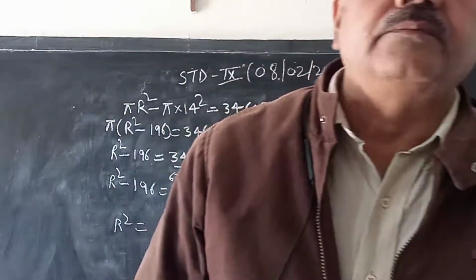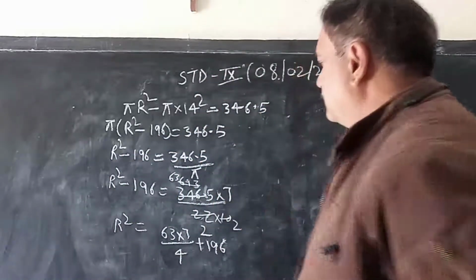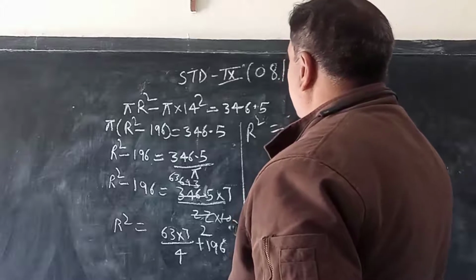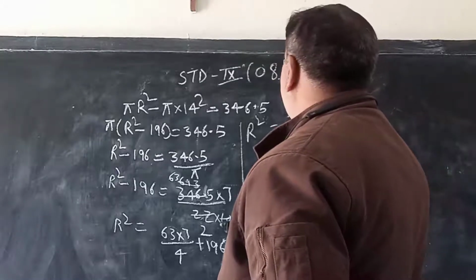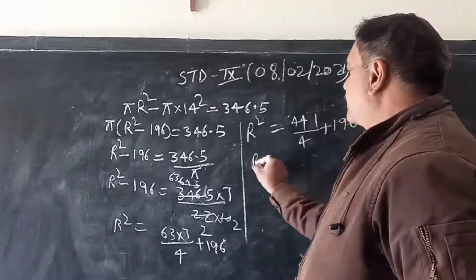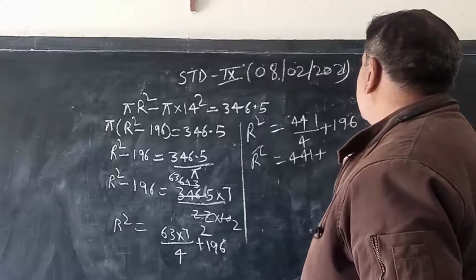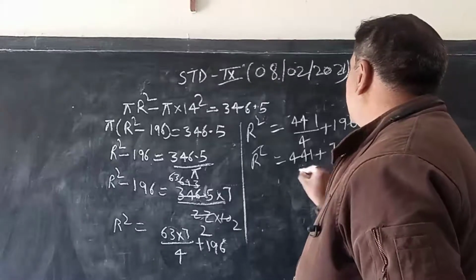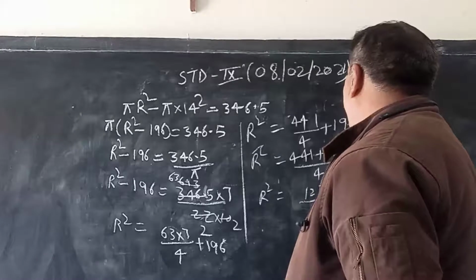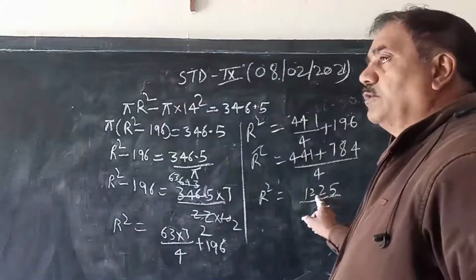Right? Now R square is equal to 441 by 4 plus 196, so R square is equal to 1225 by 4.